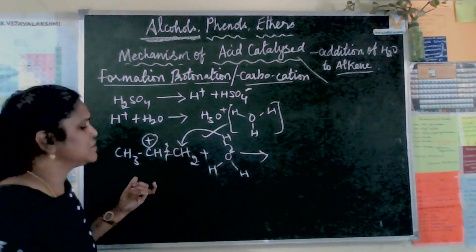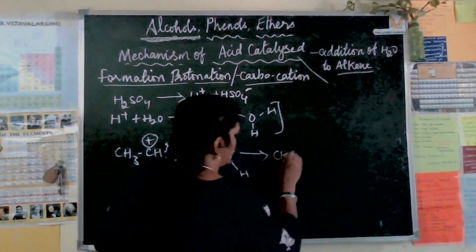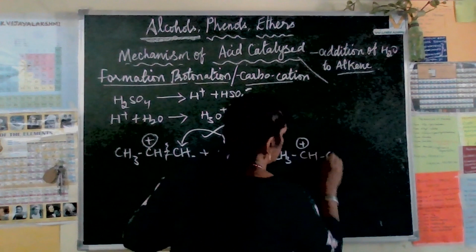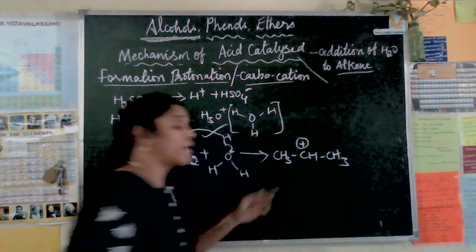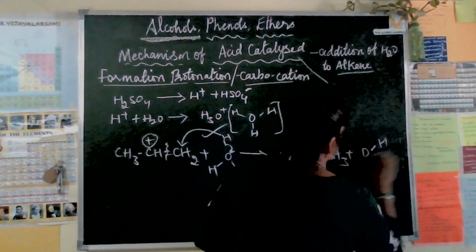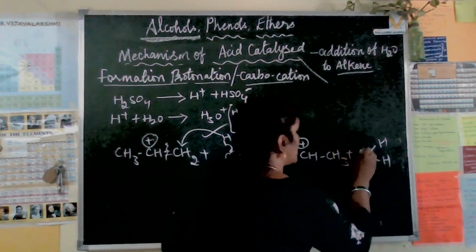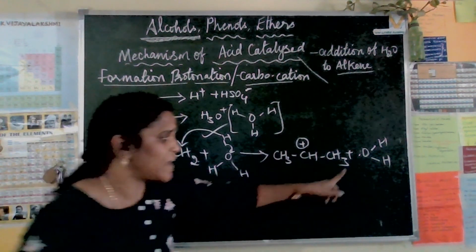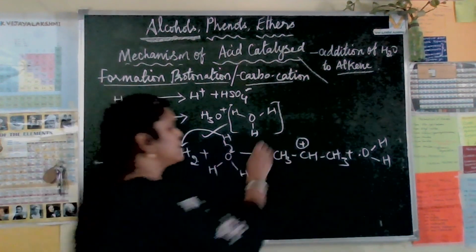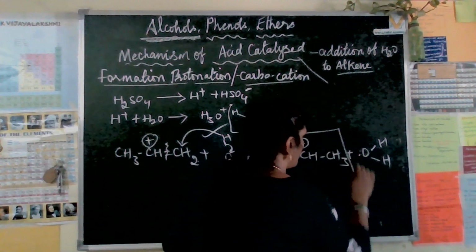Carbocation formation. So here CH3 CH plus, here CH3. So carbocation formation as well as water molecule. Water acts as a nucleophile. At this point, water acts as a nucleophile, and here the carbocation formation.